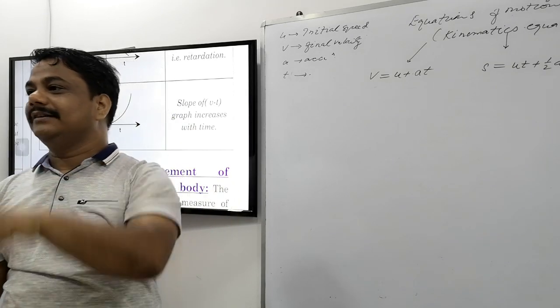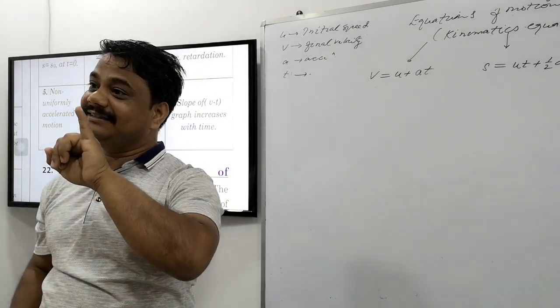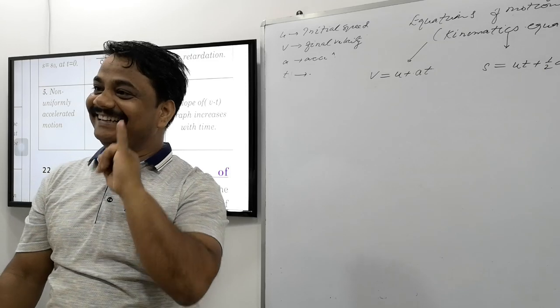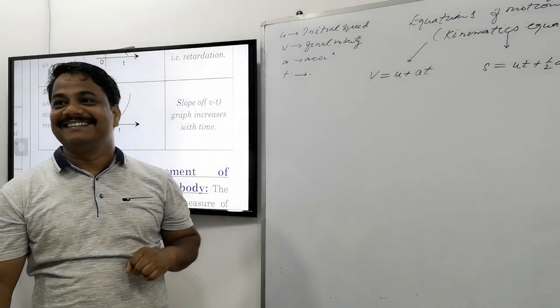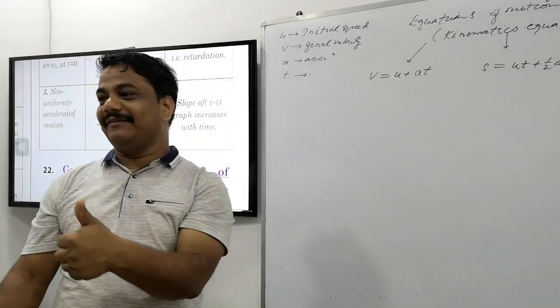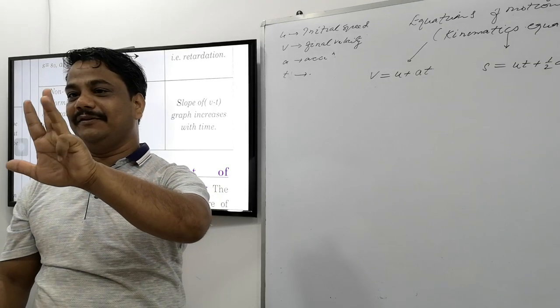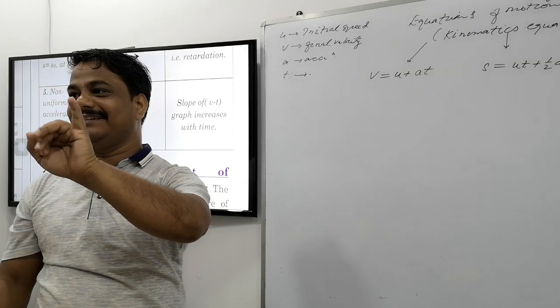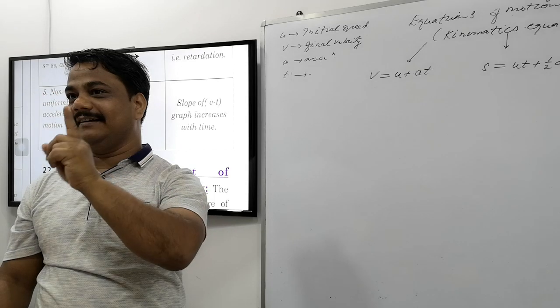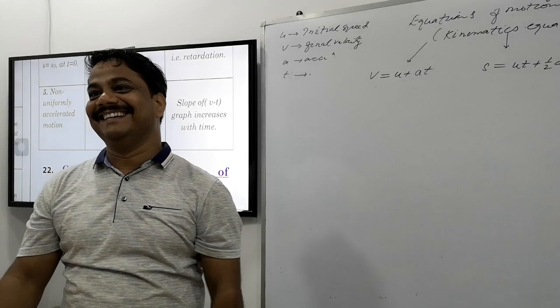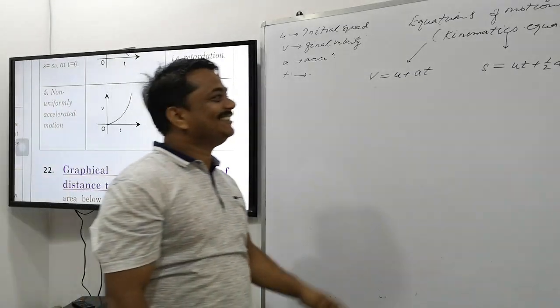Two twos are four. Two threes are six. How will they say six with one hand? Seven. One, two, three, four, five, six, seven, eight, nine, 10. Is that clear?